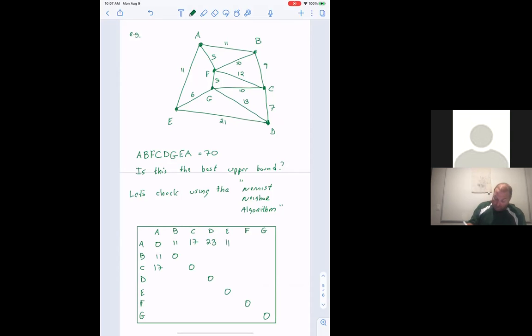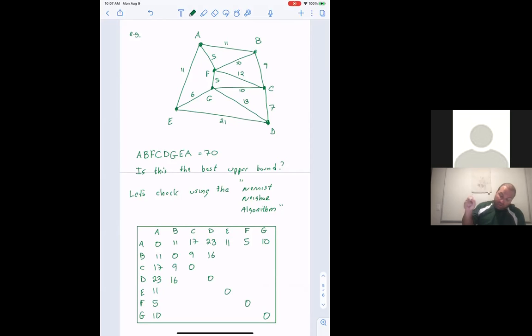AE directly 11. AF is clearly 5. And AG is 10. Again, these are all by inspection. BC, clearly 9. BD is 16. BE.